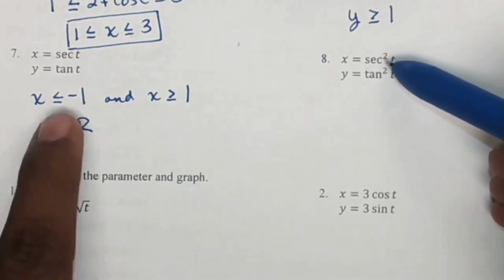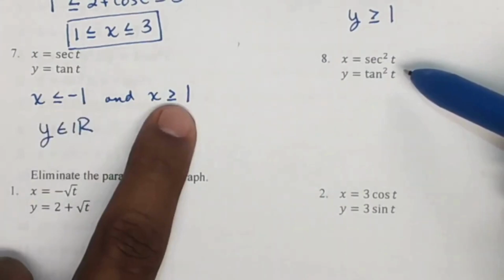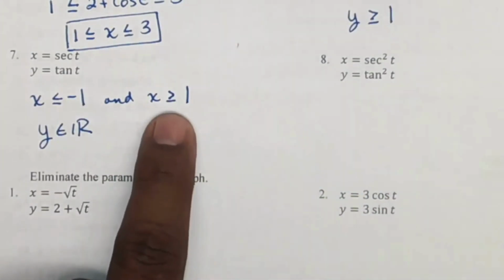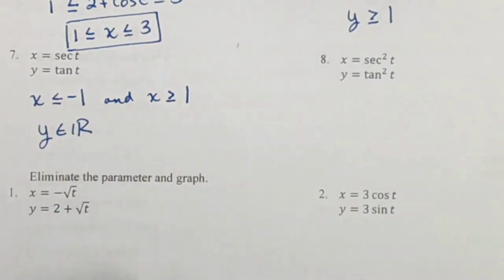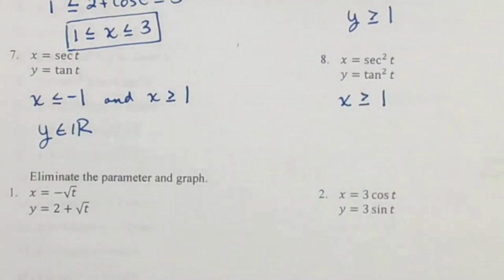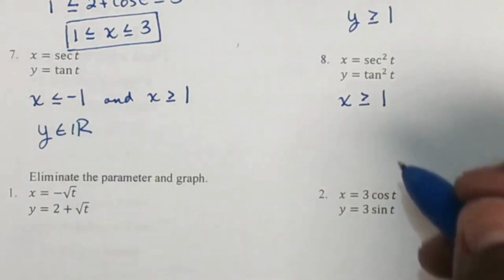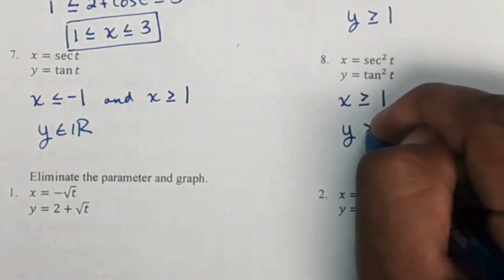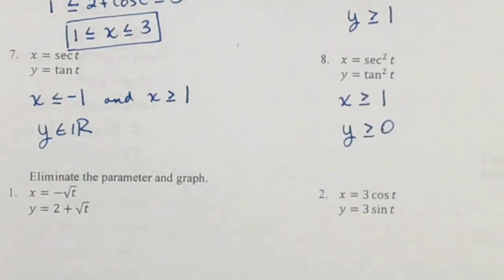So if secant is less than or equal to -1 or greater than or equal to +1, if I square that, we end up just getting all of our positive values that are greater than or equal to 1. Tangent squared almost kind of does what we do with secant, where if I square everything, it makes it positive, but it still gets kind of broken at 0. So that means we end up having y is greater than or equal to 0.